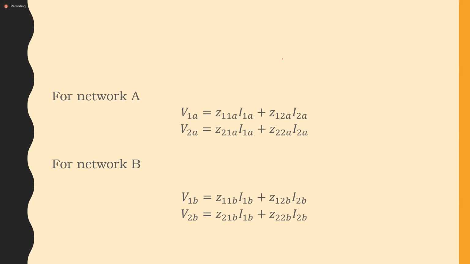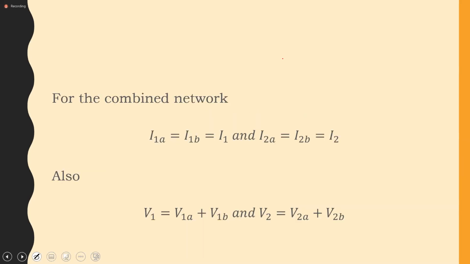Going back to what we described with the networks, we have I1A equal to I1B equal to I1, and I2A equal to I2B equal to I2. And of course, for the voltages, V1 would be V1A plus V1B, and V2 would be V2A plus V2B.